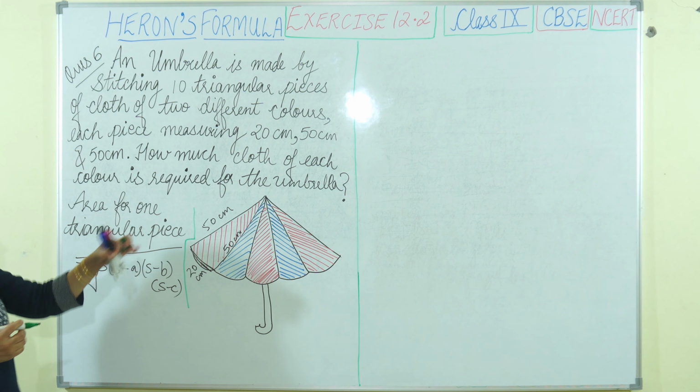Because there are a total of 10 pieces and 2 different colors, 5 triangular pieces will be of one color and 5 triangular pieces will be of another color.